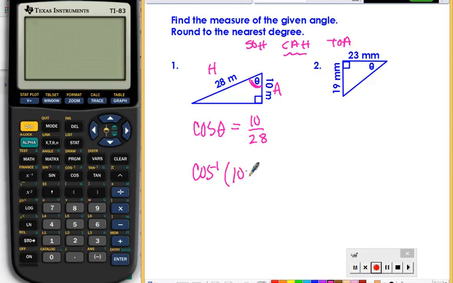Now I have a fraction, so I'm just going to do 10 divided by 28 and type it in like this, and that will tell me what my angle is. So second cosine, to get the cosine -1, 10 divided by 28, hit enter, and we round to the nearest degree. In this case, this angle is 69 degrees.